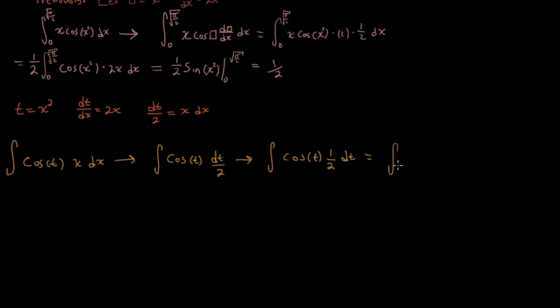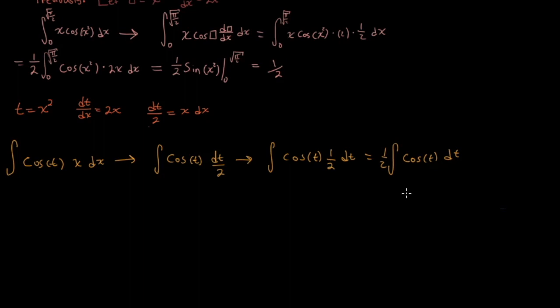So we have our 1 over 2 times cos t dt. As you can see, this is a little bit quicker than this method here, right? This method requires a few more steps. This method, not so much, because it's easier to get to this form here.